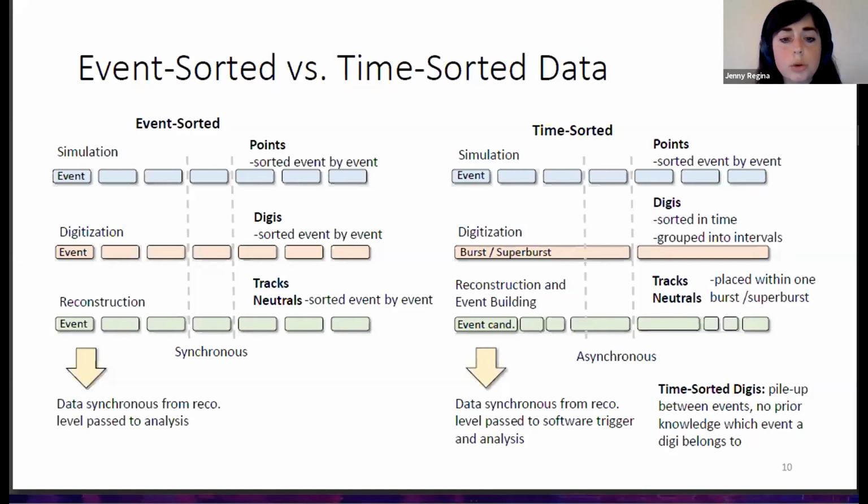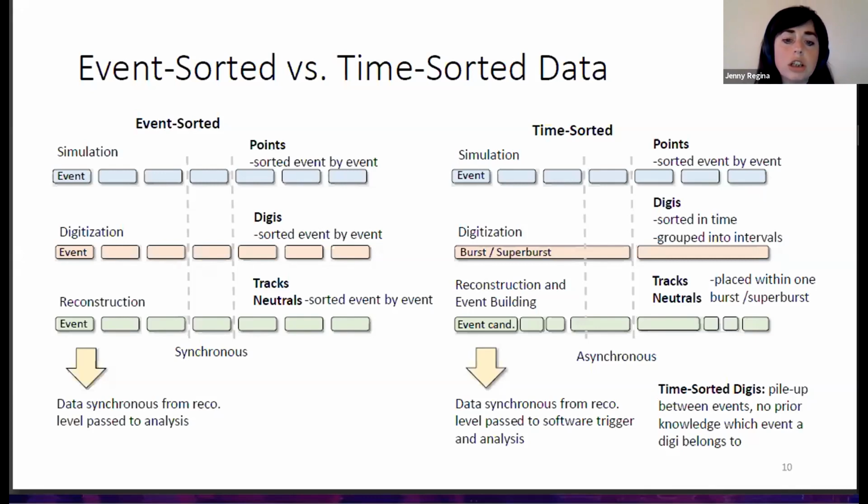And now you see that already at the digitization stage, the data will not be synchronous with the simulation anymore. Here we will also have some digits in between the events. One can also mention we have no prior knowledge at this stage from which event one digi came from. Of course, from the Monte Carlo truth matching we have that, but not for doing the realistic track reconstruction.